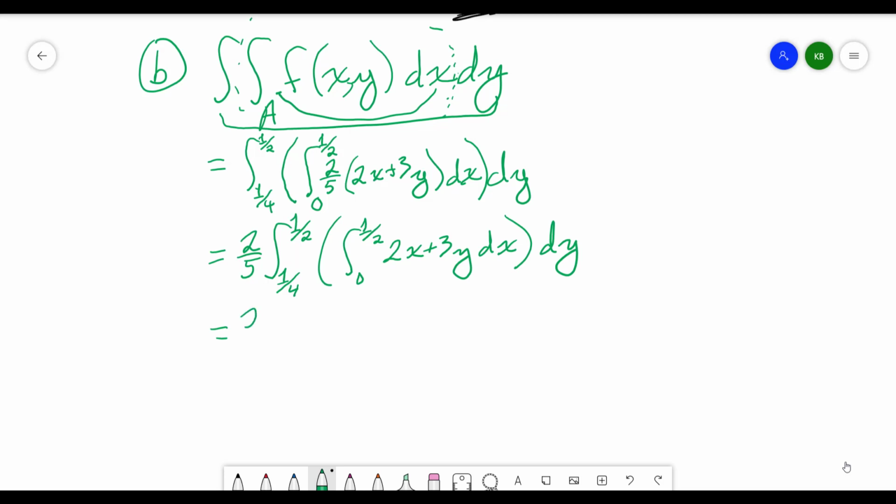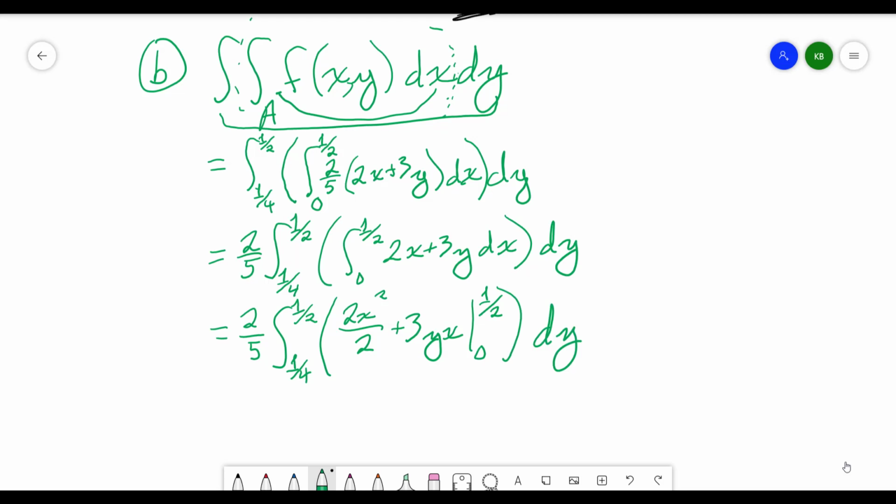So I'm actually going to integrate that inside of the parentheses, leaving everything outside of the parentheses the same. And I'll end up with 2x squared over 2 plus 3yx, evaluated from 0 to 1/2.